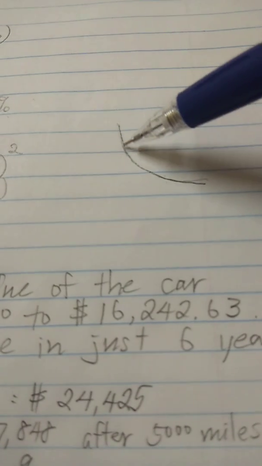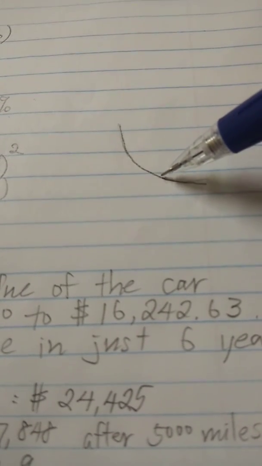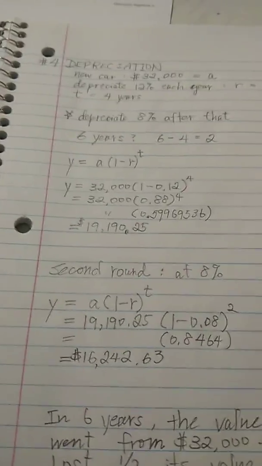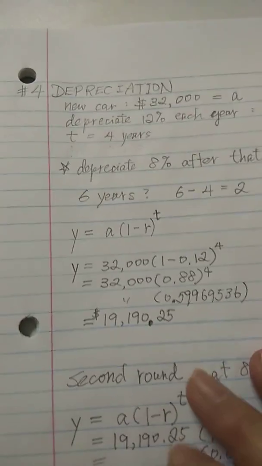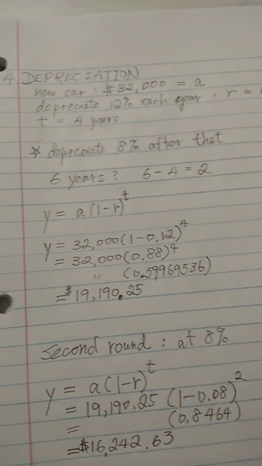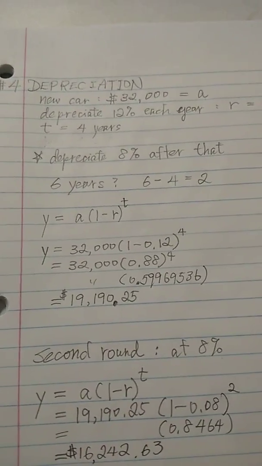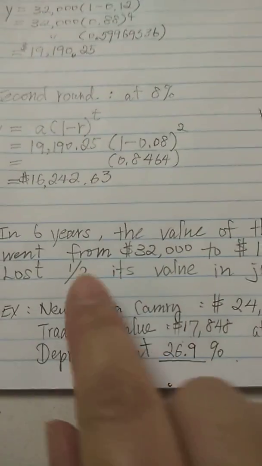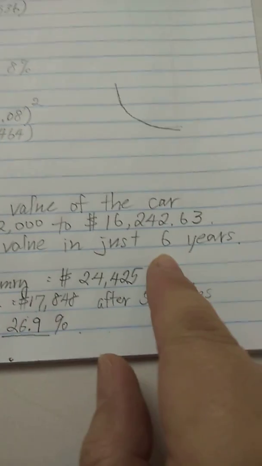You see, it loses a lot at the beginning, and then it gets pretty low, but then it slows down its loss. Okay, so this is a very important lesson. I hope you learned from this particular problem, is that the rate of depreciation for new cars is very, very high, actually. You lose, in this question alone, about half the value of a car in just 6 years.